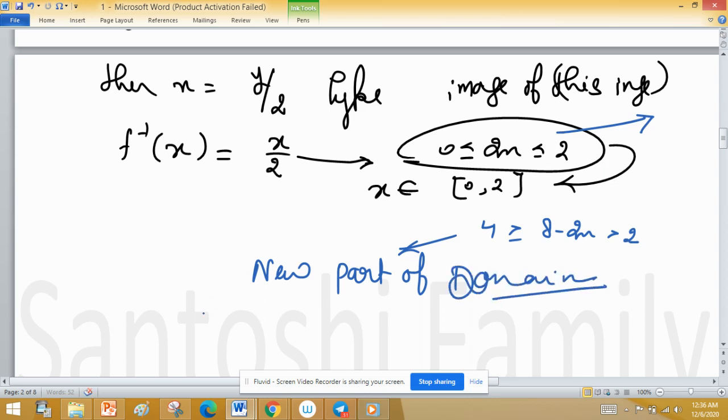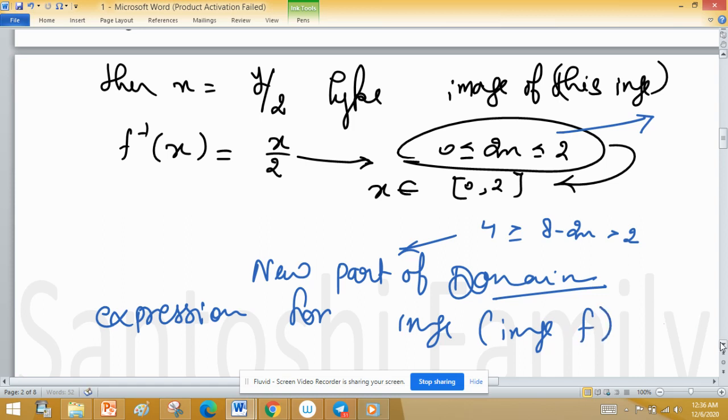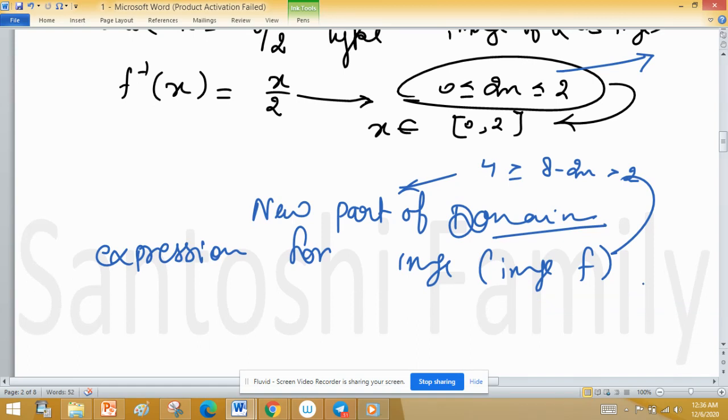So we want an expression for the image of this. This is the image of f of the type 8 minus 2x. So let y equal this image, 8 minus 2x, then x can be written as 8 minus y upon 2.